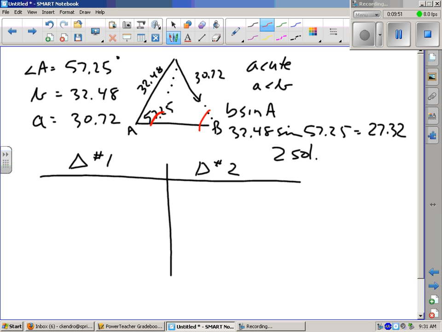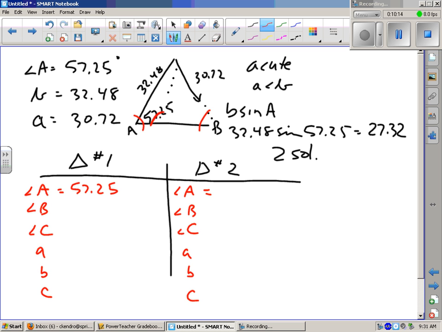All right, so first thing I'm going to do is write down angle A, angle B, angle C, and then A, B, C. And over here, same thing, angle A, angle B, angle C, A, B, C. And now we'll fill in what we know. Angle A is 57.25 on both triangles.